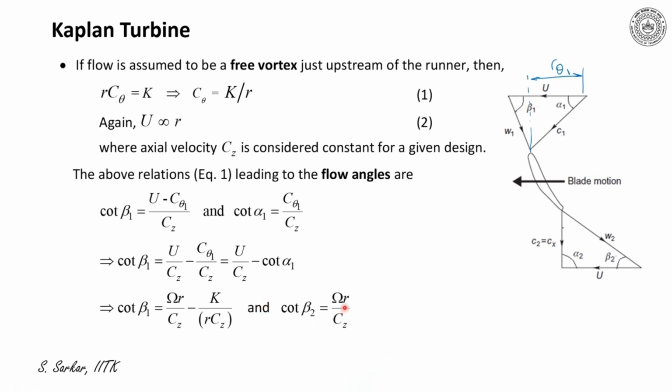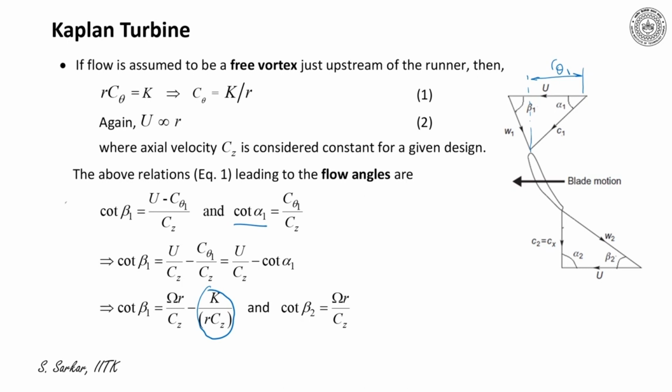That is, beta 2 also becomes a function of R. Furthermore, cot alpha 1 is nothing but K divided by R Cz, so that cot alpha 1 also is a function of R.